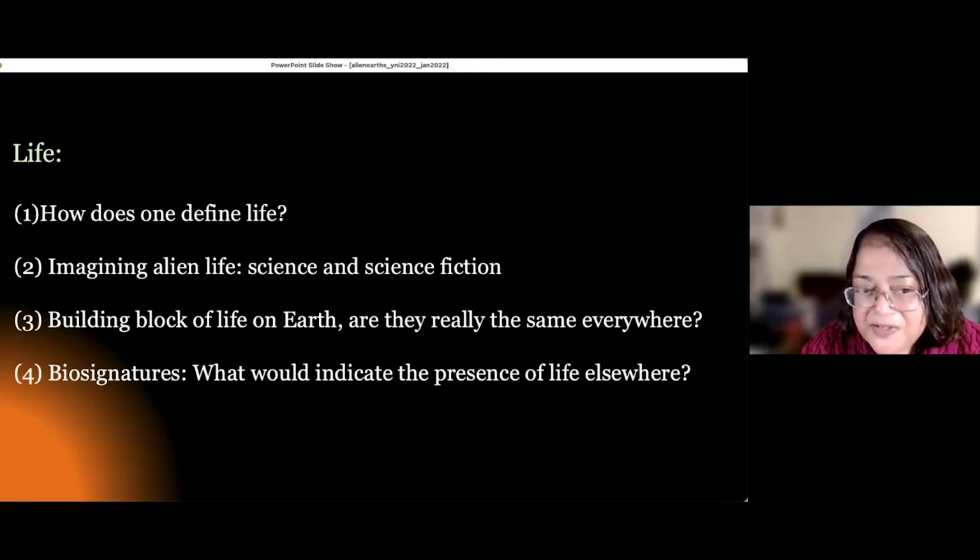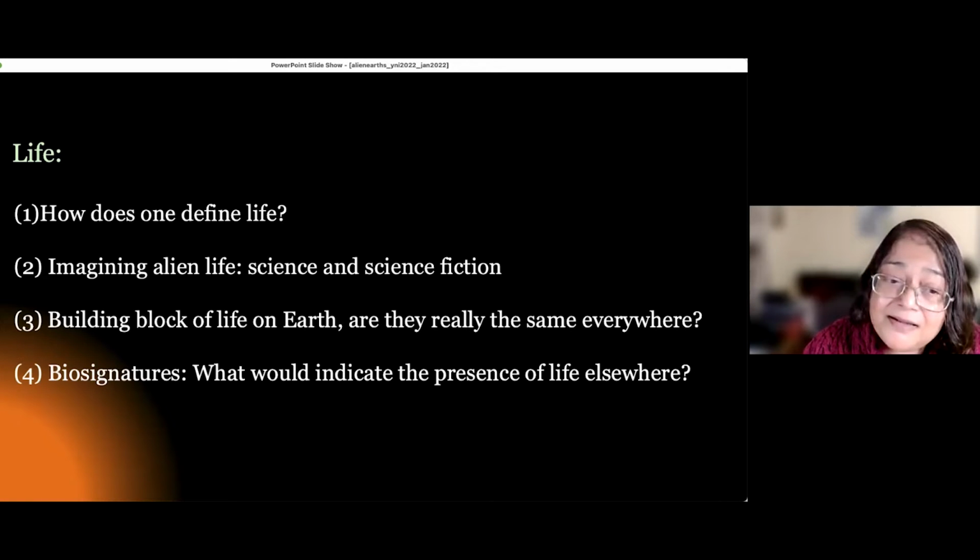We talk a bit about the building blocks of life. Are they really the same everywhere? I mean, the problem is we only know of life as it exists on Earth. A bit of a limitation, if anything. And the last really important question, of course, is how would we recognize there's life elsewhere on those small dots of light around their planets?